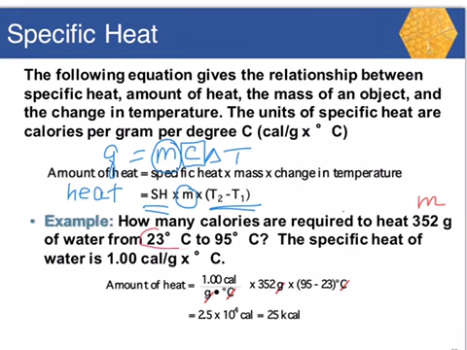This right here refers to my delta T, my change in temperature, and this is my SH, or my C. I label it as C because that's what I'm used to. So the amount of heat is going to be equal to the mass times the specific heat times the change in temperature, and you can see how they did that there. They multiplied all three and they solved for calories.